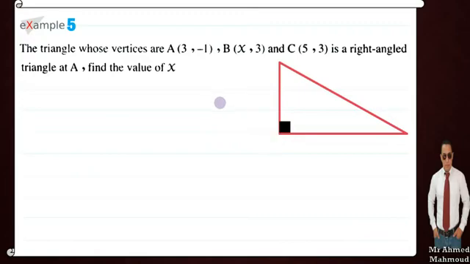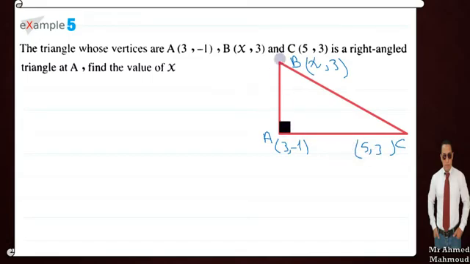Here it's right angle at A, and here we have B, and here we have C. A equals (3, -1), B equals (x, 3), C equals (5, 3).